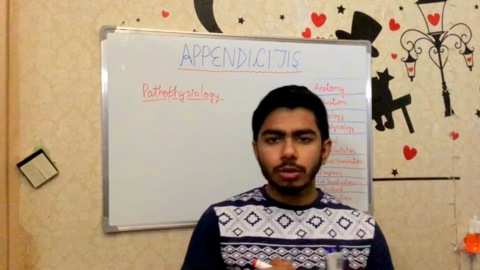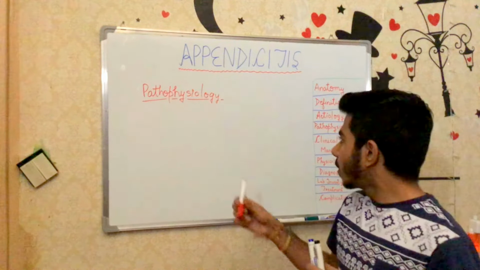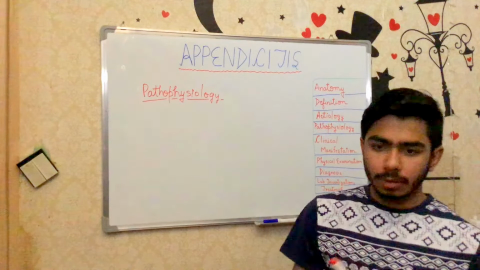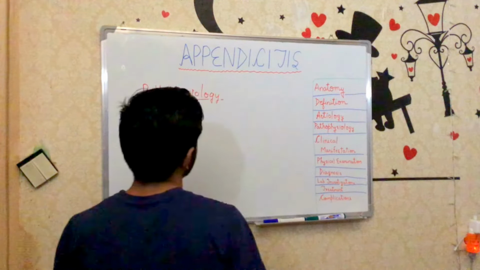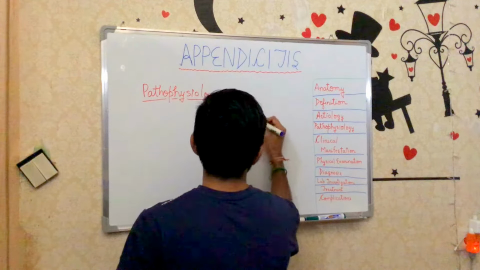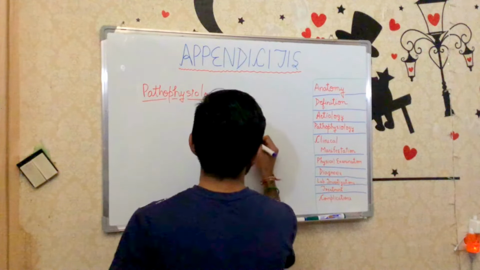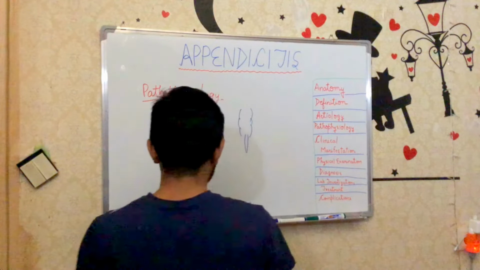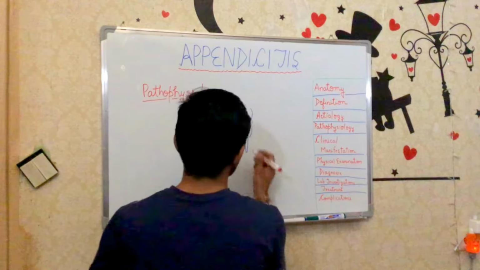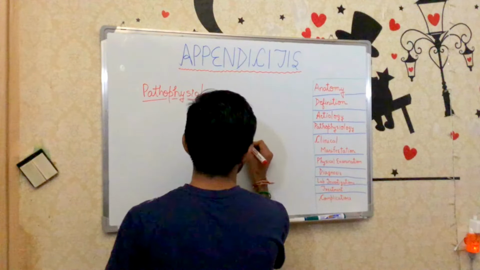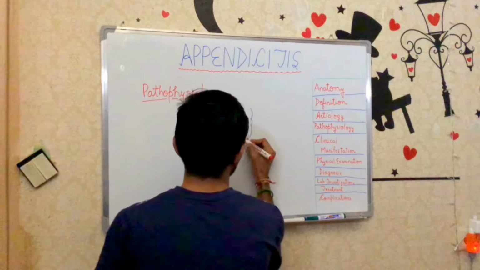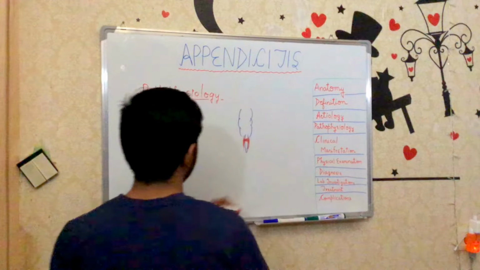How? As the appendix becomes obstructed, for example, here, about here is the obstruction, and this will be inflammation.